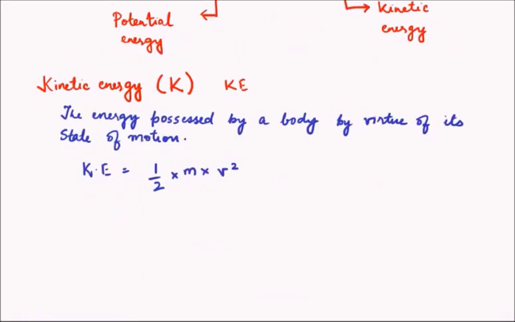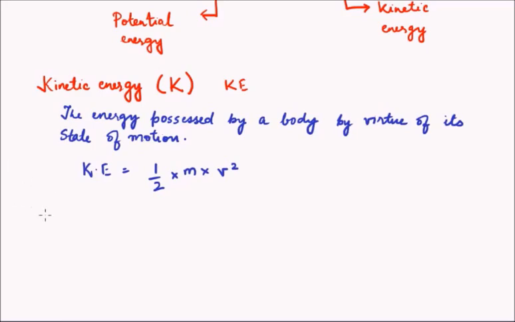In order to derive the expression for kinetic energy, we need to understand how we get the kinetic energy. If a body of mass m is at rest, then in order to increase the velocity to final velocity v, we need to apply a certain force such that it accelerates and reaches the velocity v.